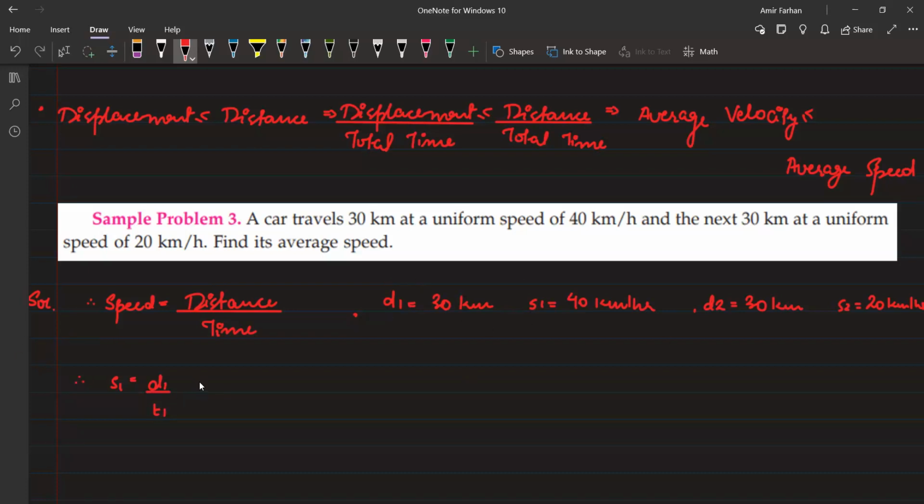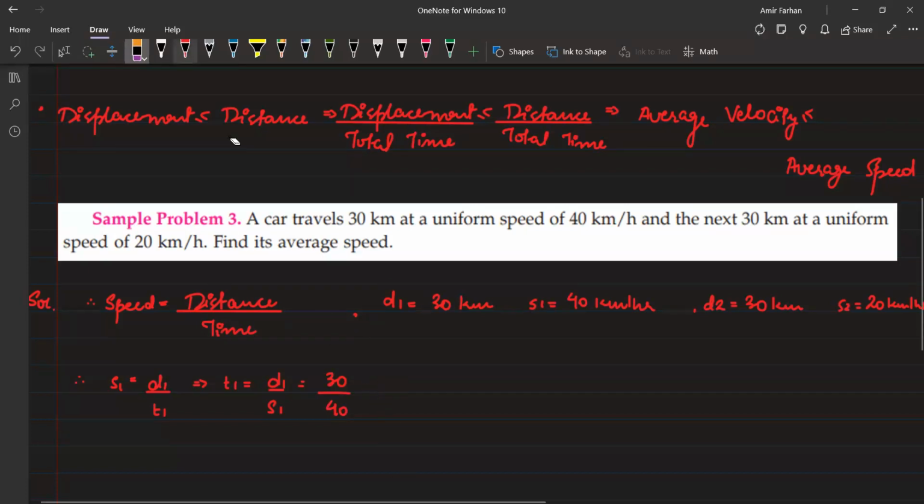So I will modify this, and T1 will be equal to D1 by S1. So put the values: D1 is 30 km and speed is 40. So it will be in hours. Got it, everybody?